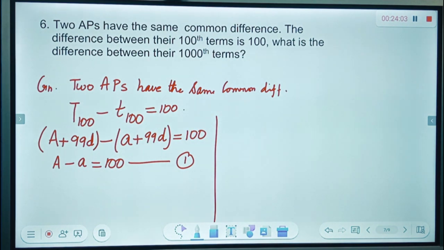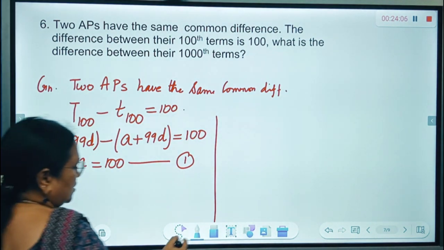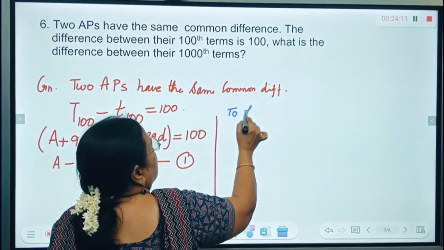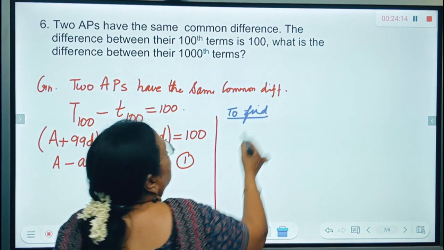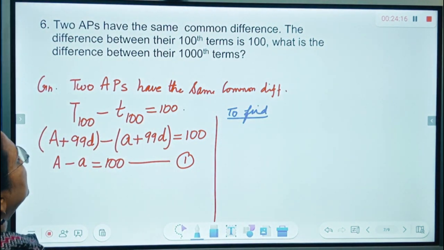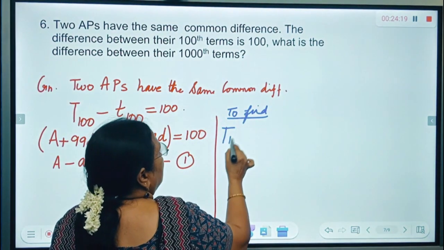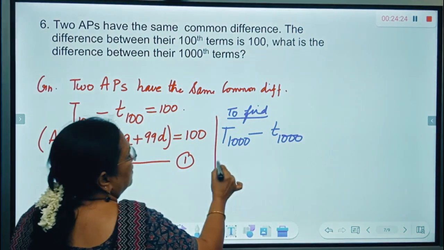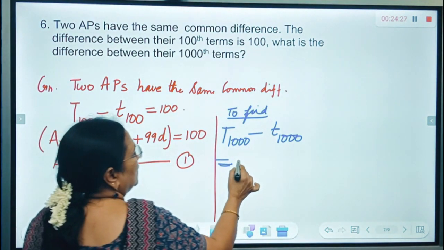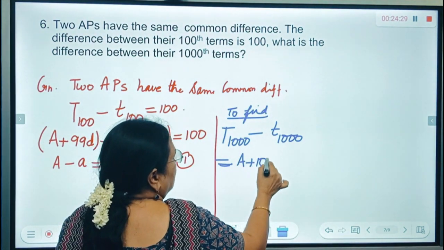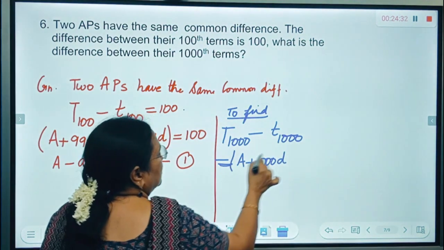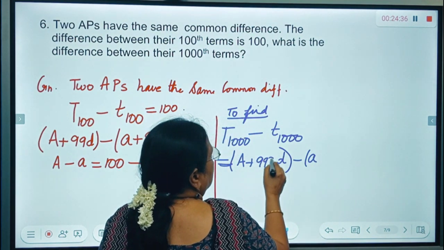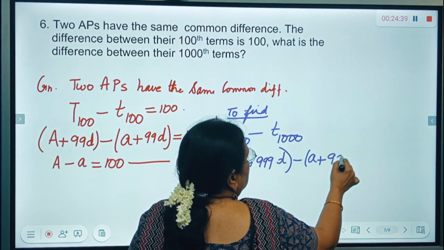Now what is it you have to find? The difference between the 1000th terms. We have to find the difference between the 1000th terms. That is T1000 minus small t1000, which will be A plus 999d minus a plus 999d.